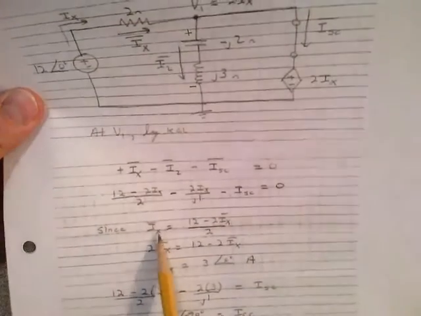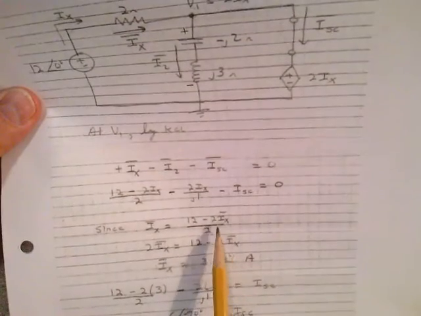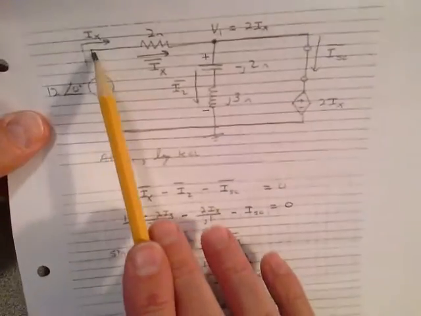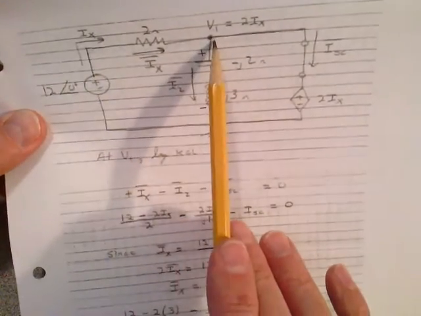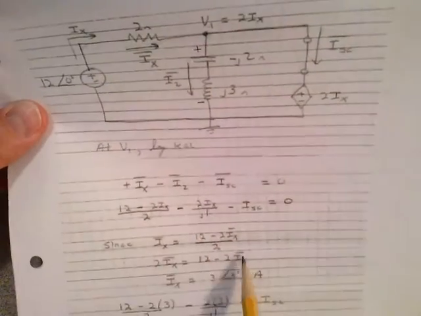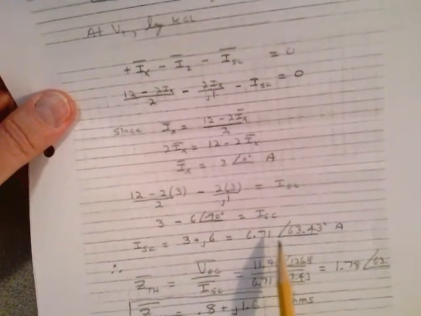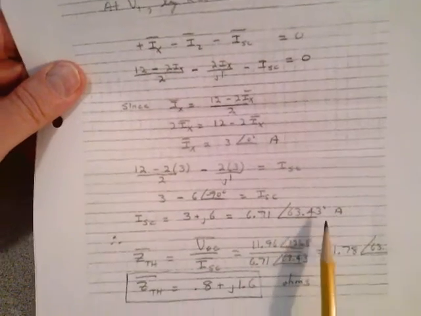Well, since Ix is equal to 12 minus 2Ix divided by 2, which we set up here, Ix is the voltage here minus the voltage here divided by 2, I can make a substitution with Ix equal 3 amps, basically, and I end up with a short circuit current of 6.71 at an angle of 63.43 amps.